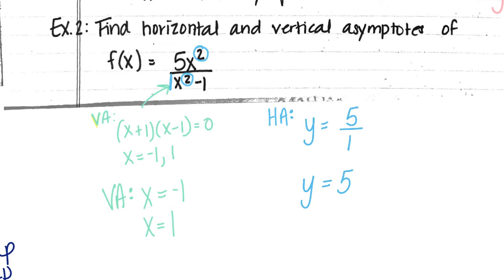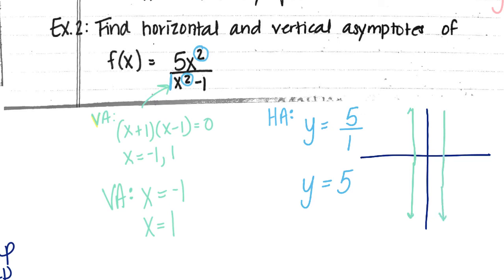Now, they didn't tell us to graph this, but let's just take a look at what's happening here. I have two vertical asymptotes, one at negative 1 and one at positive 1. And then I have a horizontal asymptote at y equals 5. So something's got to be happening in this graph. I'm actually going to graph it for you so you can see what's happening. I'm going to graph it in pink.